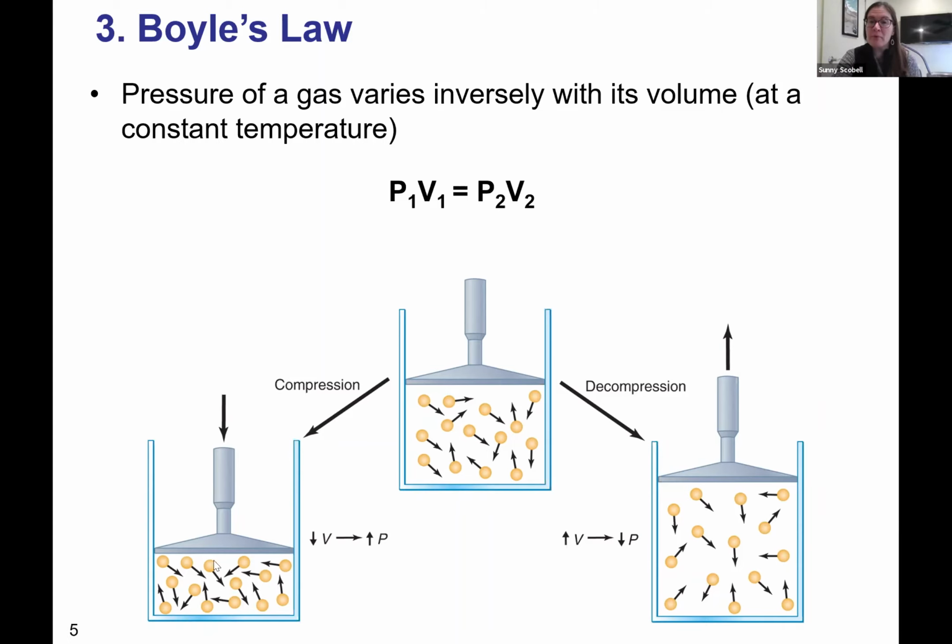So if we compress a container of gas, we take that same amount of gas and give it less space to bump around in. You will increase the number of collisions, you'll increase that kinetic energy, and you'll have more collisions on the walls as well. So if you're measuring pressure in that lid, you'll notice that there is now more pressure on the container.